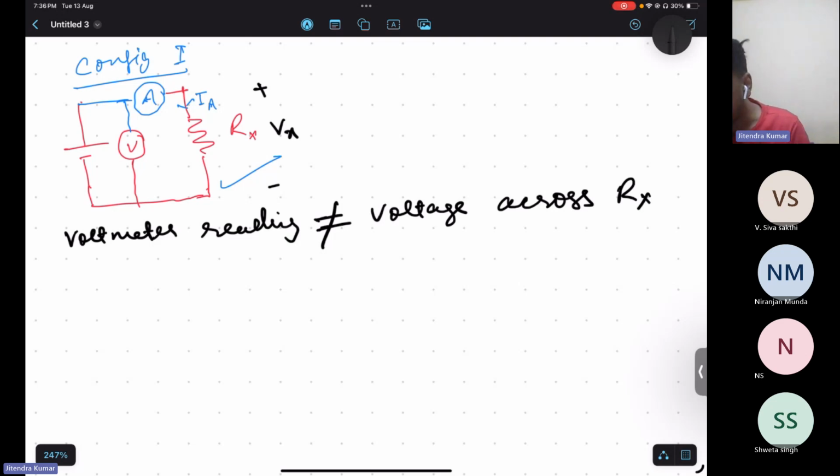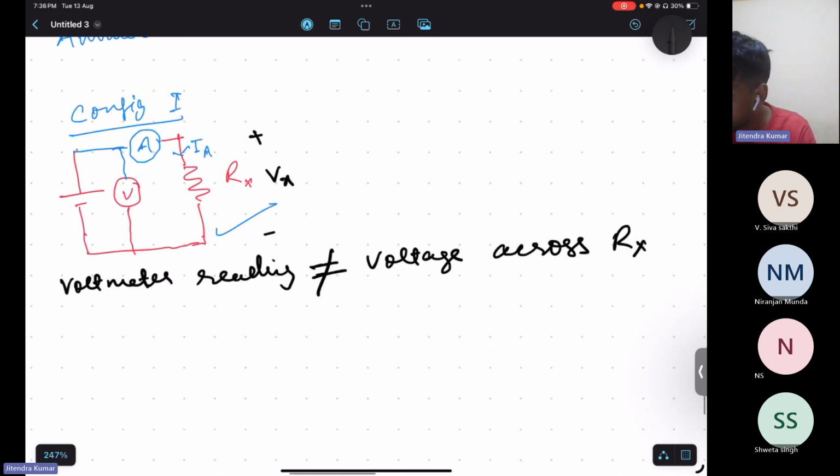Is the voltmeter reading higher than Vx or lower than Vx, just by seeing this configuration? It will be higher than Vx.